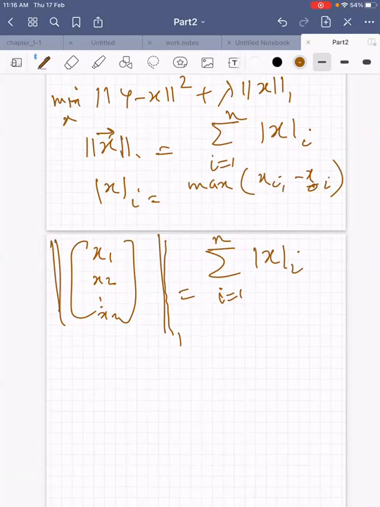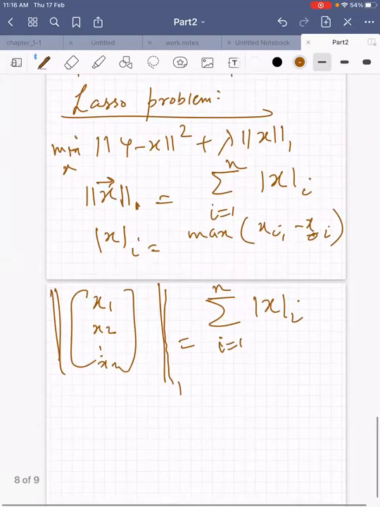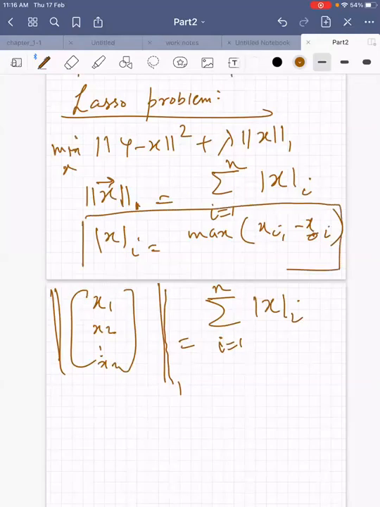So what is happening here? How will we find the subgradient? This function is this function, right? So tell me, how will you find the subgradient of this guy?